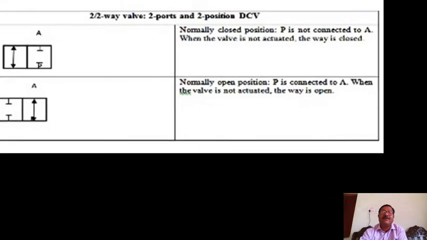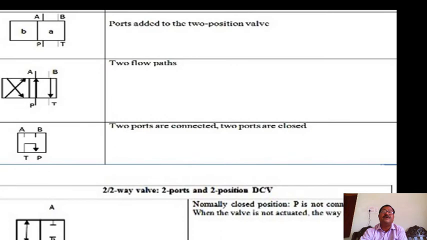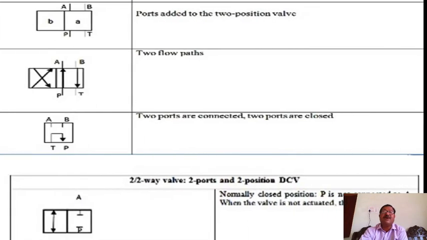Before going to this, what do the ports signify? Ports are openings or pipes incorporated on the surface of this square or envelope, through which the oil may enter into this valve position.